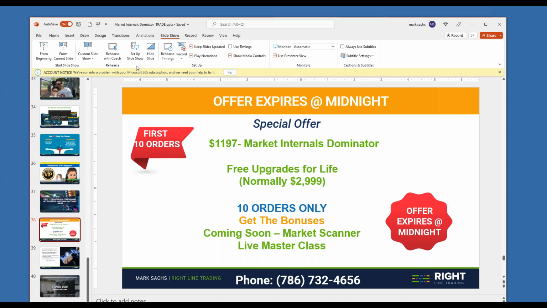That gives you every upgrade and add-on that we make for this system for life. And obviously, you're always going to be welcome. I'm going to try to do a master class every week, especially as the system evolves. Even if we don't have anything new, what I'm going to start doing is looking at great stocks, great entries, point them out, and look for losers that might have blown up in our face.